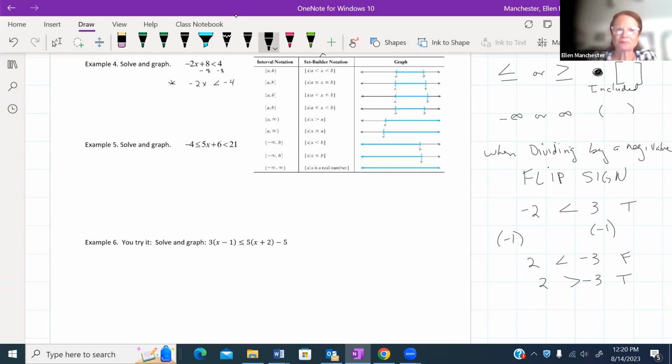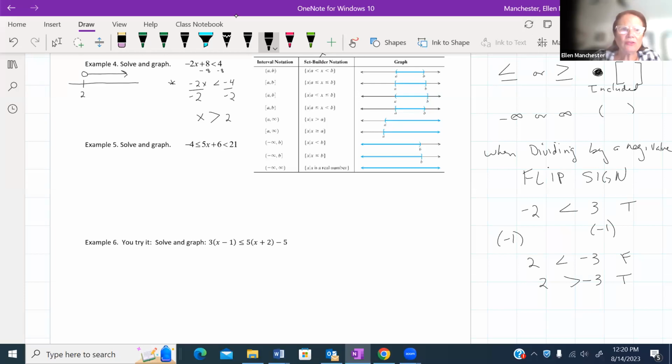So over here, we're going to divide by a -2. So I get x, I'm going to flip this over, and -4 divided by -2 is +2. Graphically, it looks like this. It's an open circle, and it's all the values bigger than 2.